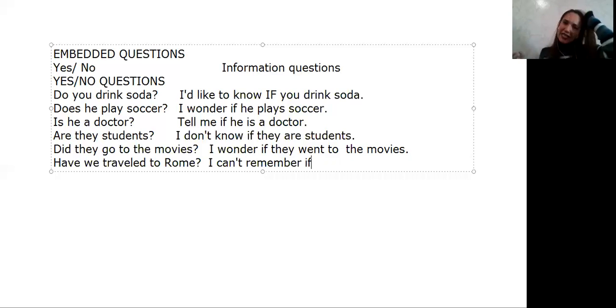And then again, in the auxiliary have, when we have present perfect, when we have a question, we invert the order of the auxiliary. So if it's a sentence, it means that I have to return it to the proper order of a sentence. So it means that the pronoun is going to be first. If we have traveled to Rome.